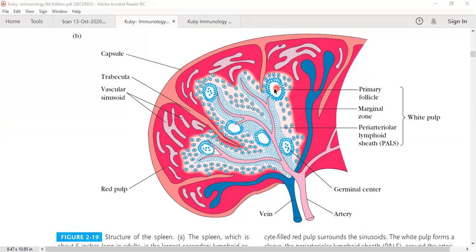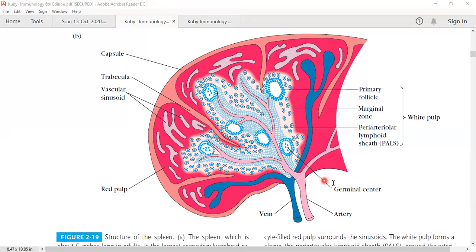If antigen comes here and activates some of the cells in this follicle, it will form something like this. This is called a secondary follicle, in which you can see a few large cells in the center. What are these cells? These are plasma cells, or differentiated B cells, present in the center and continuously secreting antibody molecules.